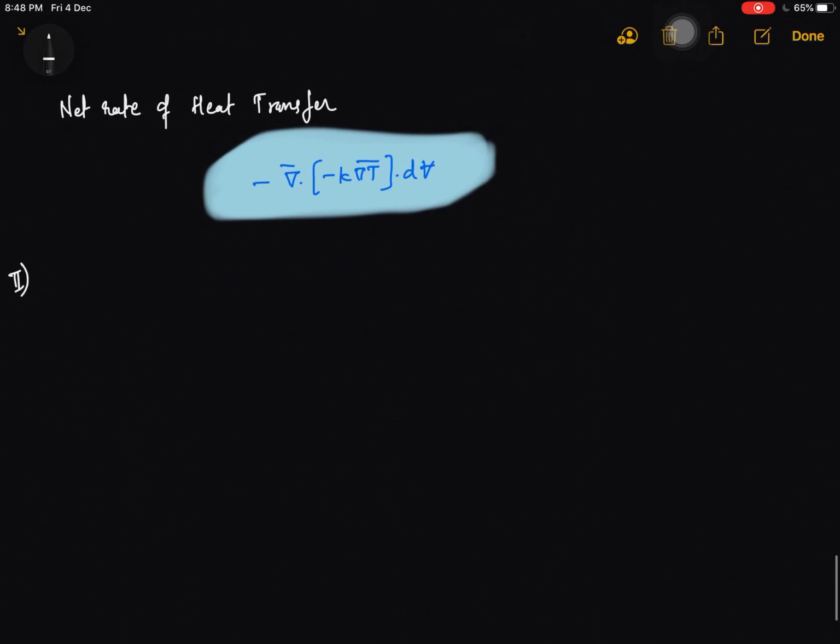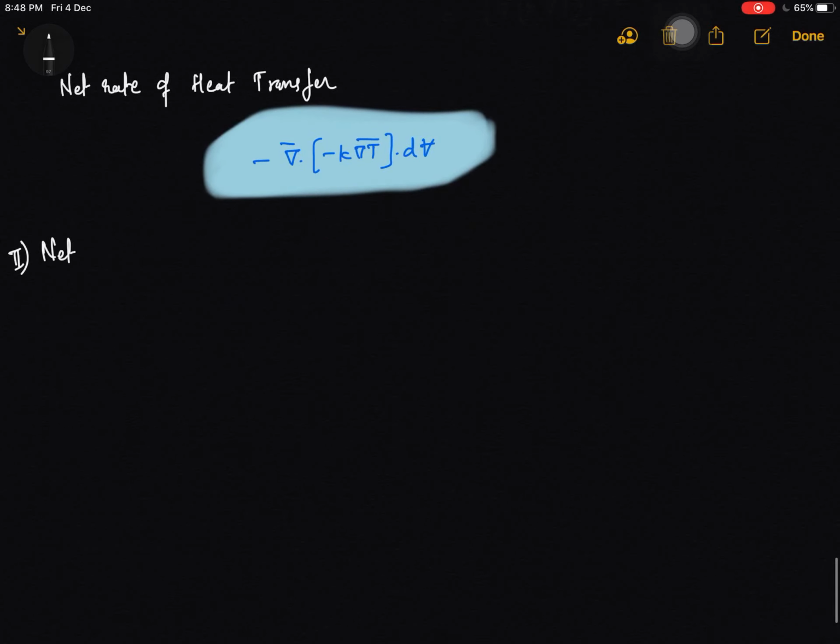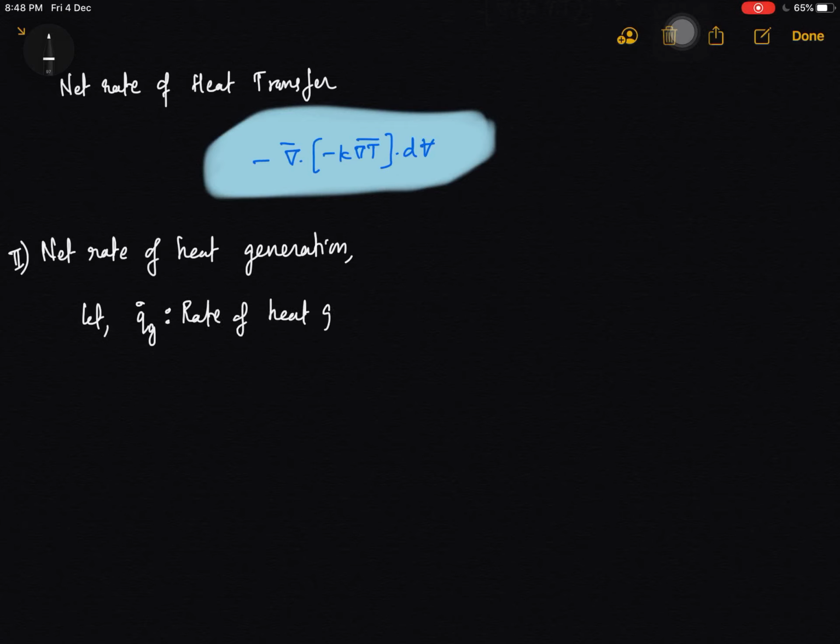So next let's discuss the second term, which is nothing but the net rate of heat generation. Let's suppose q dot g is the rate of heat generation within the element per unit volume.